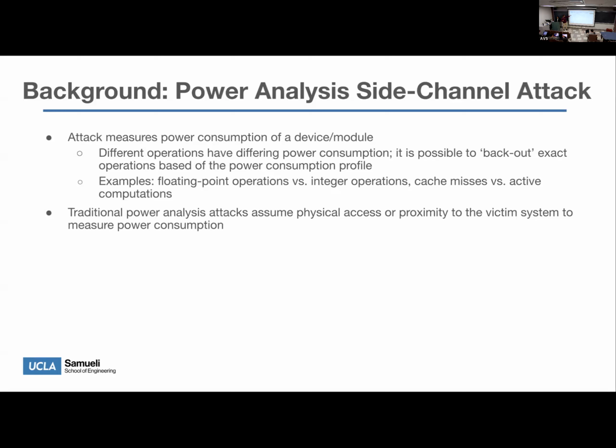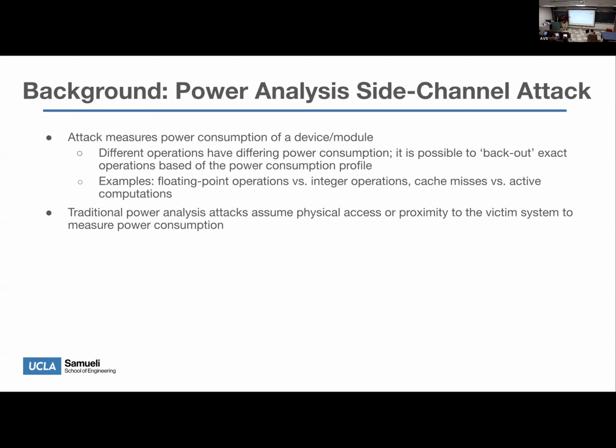The crux of this attack is that different operations, for example, floating point operations versus integer operations, have differing power consumption. There'll be voltage differences based on the different operations. So it's possible to back out the operations based on the power consumption profile.